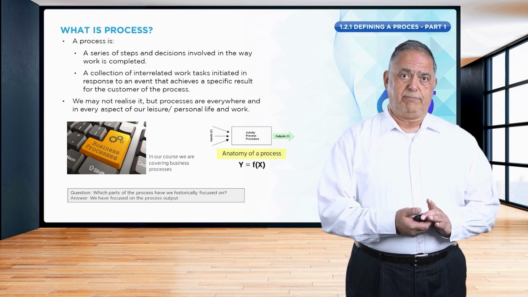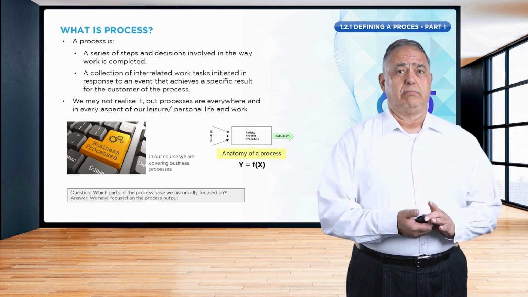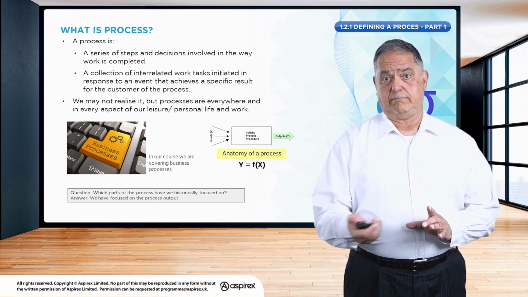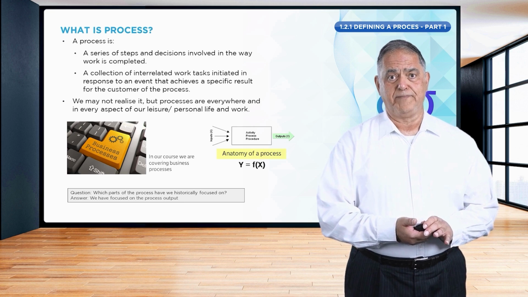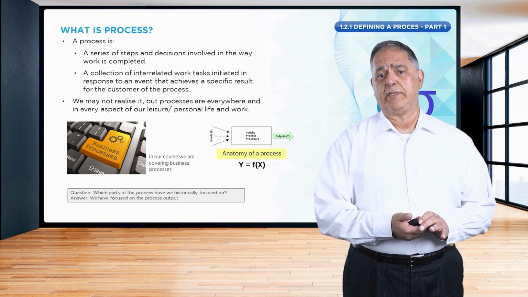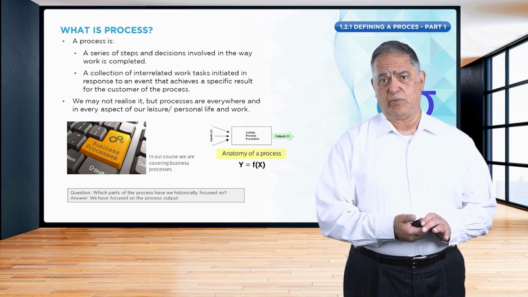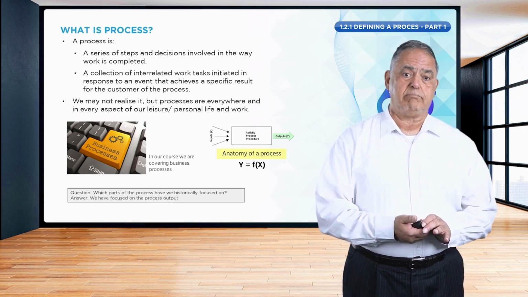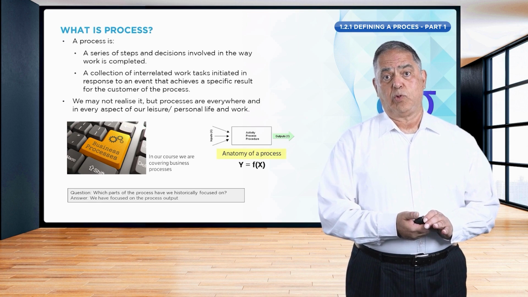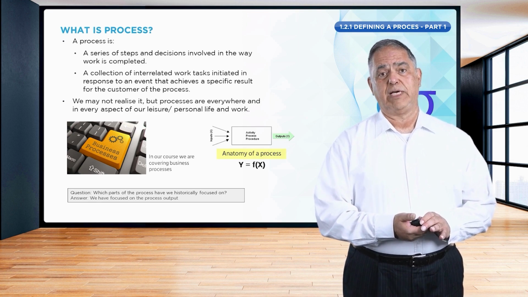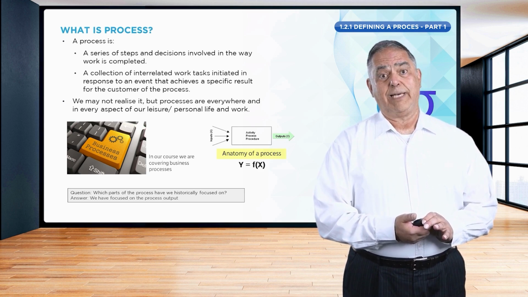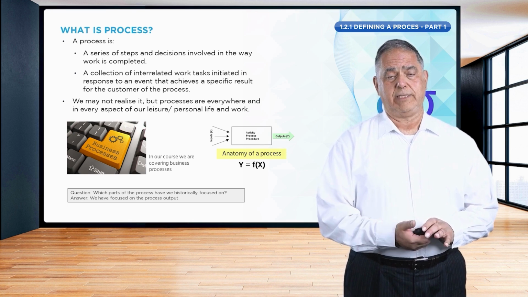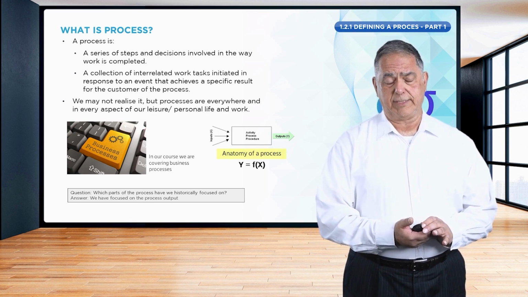We may not realize it, but in our everyday life, as well as in our working life, processes are abundant all over us. In the image, we can see a very basic diagram of a process. So we have inputs, which we call X's, and you may remember that we have critical process inputs highlighted with uppercase X's and less critical inputs highlighted as lowercase x's.